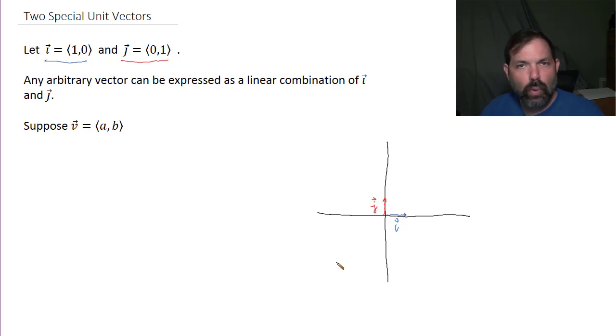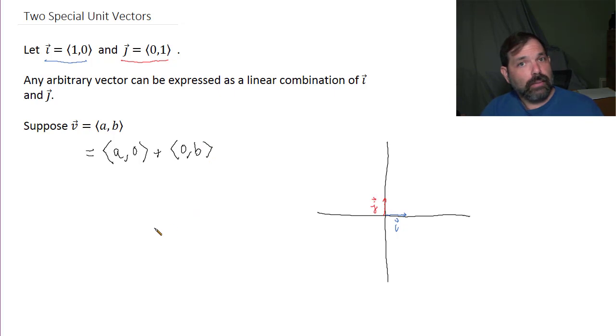So these are important vectors because it turns out that I can take any general vector and write it as a combination of these two vectors. So let's take, for example, suppose I have a vector a, b. Notice that it can be written as the sum of the vectors a, 0 plus 0, b.